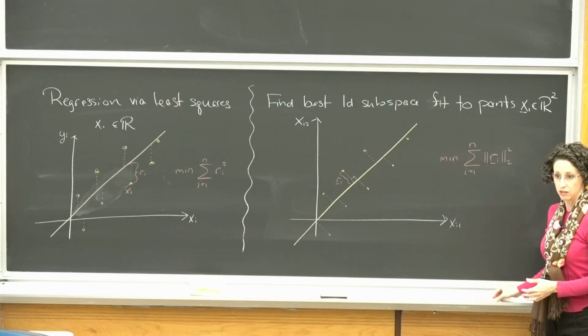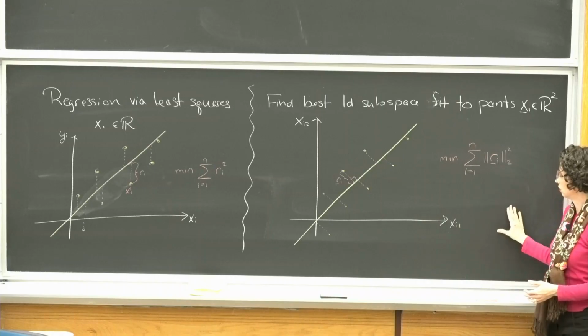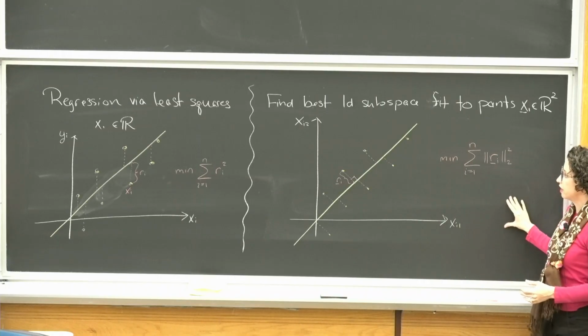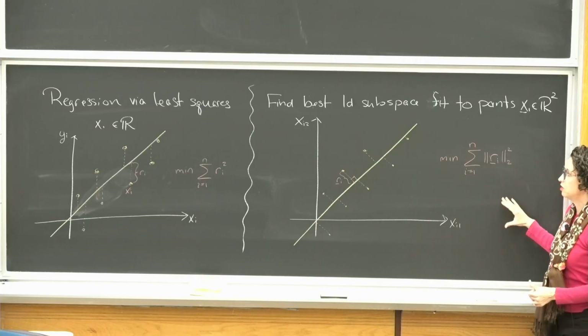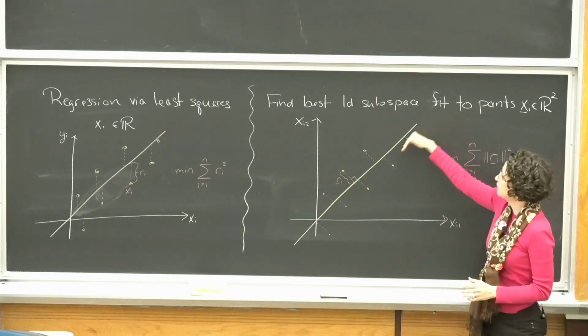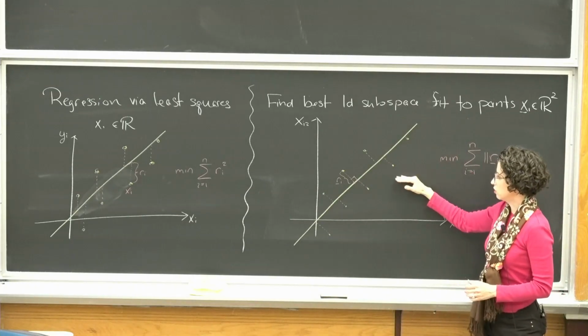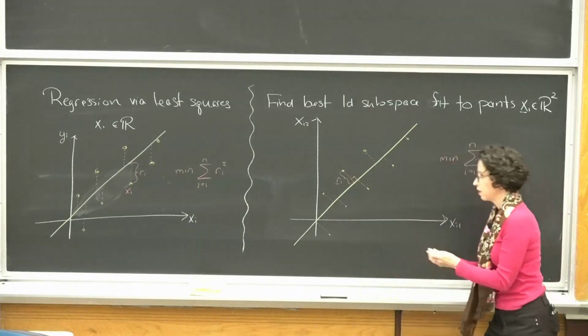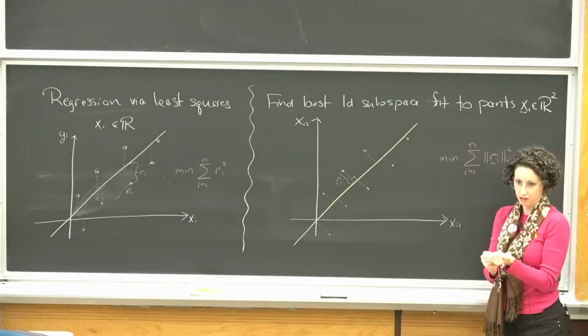Yes? So this right side, that's to confirm the singular value decomposition that we're doing? Right. With the singular value decomposition, I don't want to get too much into jargon, but as a preview, this 1D subspace that's closest to all the xi's is going to correspond to the first right singular vector.